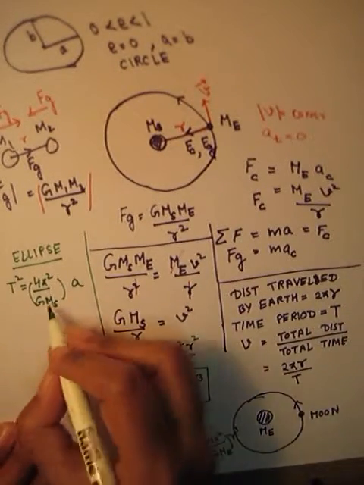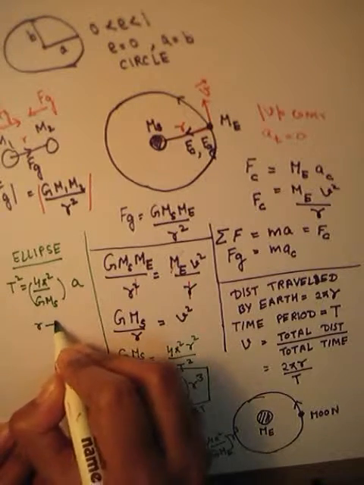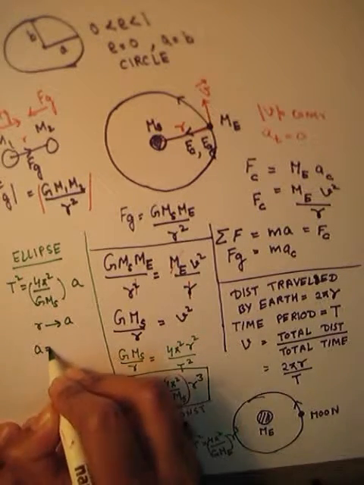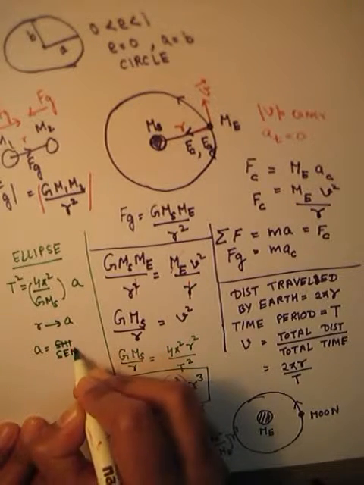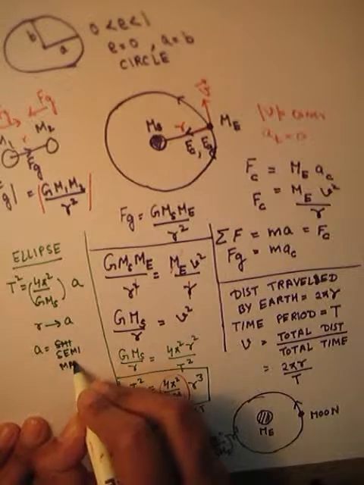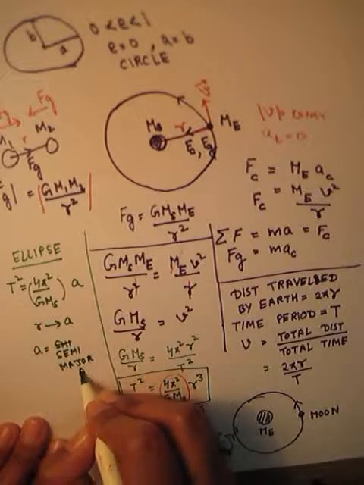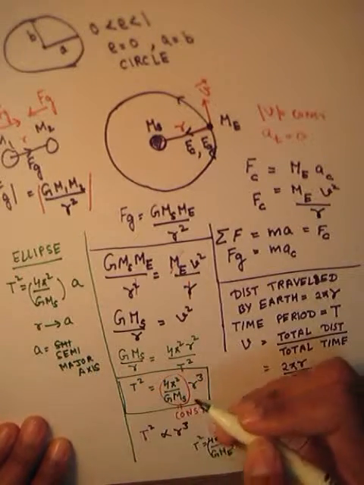So we have to replace r by a, and a we know is the length of the semi-major axis.